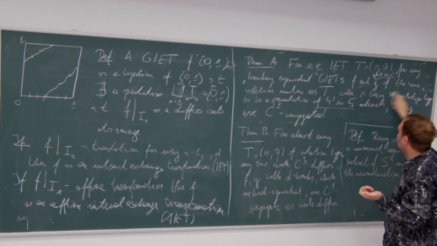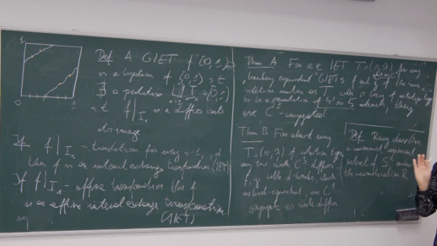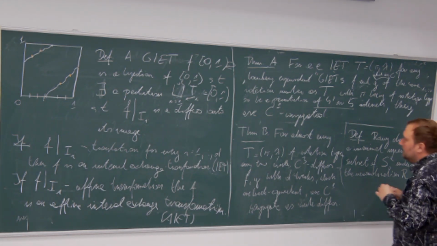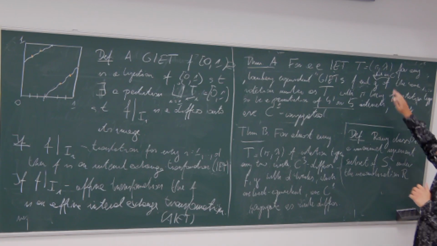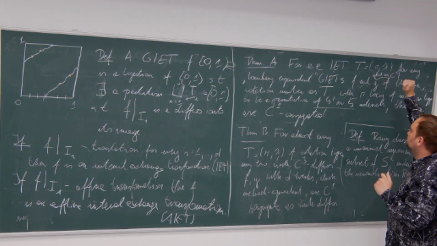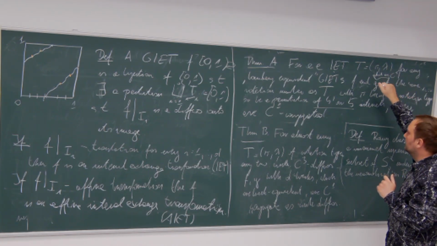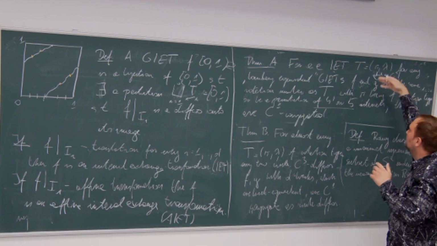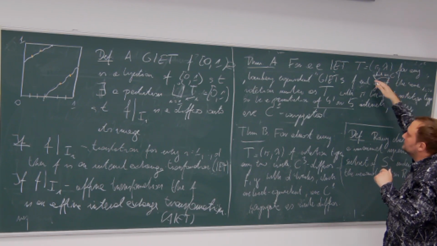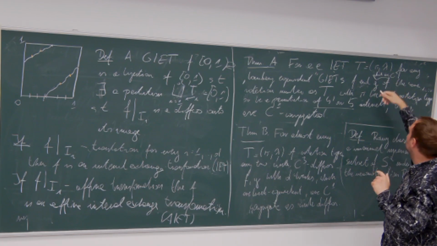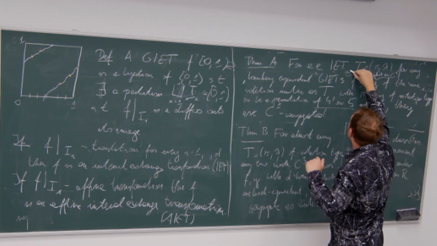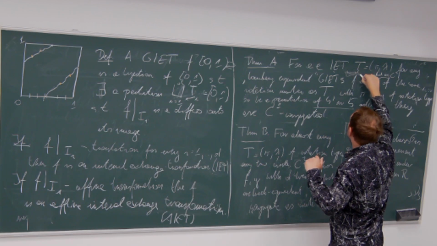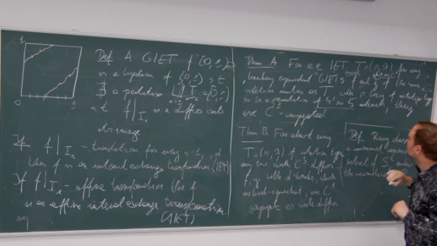I said 4 or 5 or rotation type. I didn't say why this is required, but actually, because in those cases they were able to prove that if you have a nice generalized interval exchange transformation which is minimal, actually we also assume minimality, which I didn't say, sorry. We can deduce this minimality, but let's just say it's minimal.